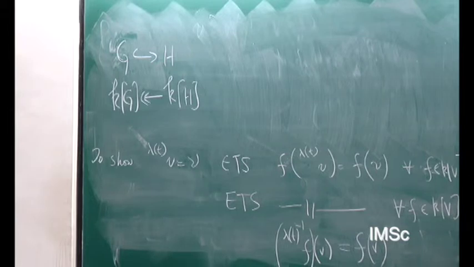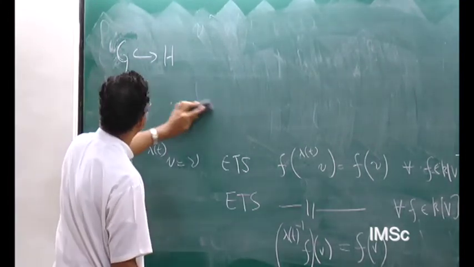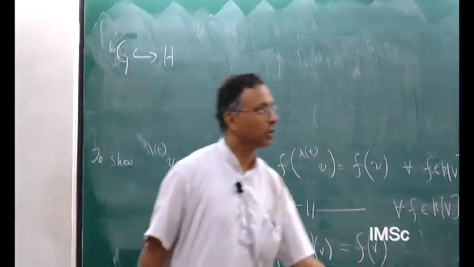Because KG is the functions on that closed subvariety. So you are identifying G with the image. Yes, but it will not be an isomorphism of varieties. So it's just an injective homomorphism of varieties. Okay, fine.